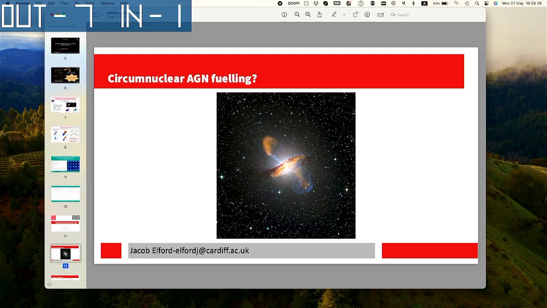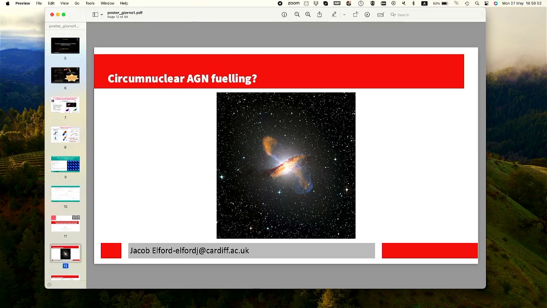We looked to see if there was a correlation between the circumnuclear molecular gas mass and the AGN activity, but we found no correlation. So, this should suggest that the circumnuclear regions in our sample of galaxies are not fueling the AGN.